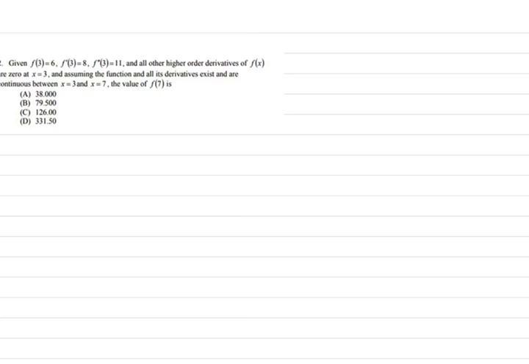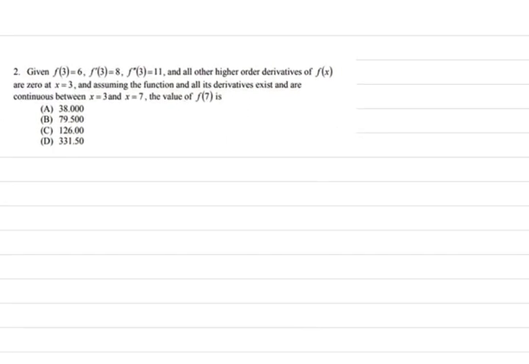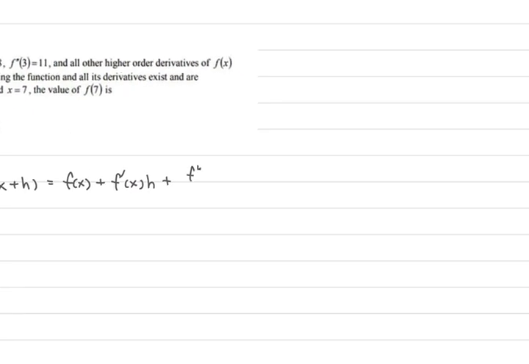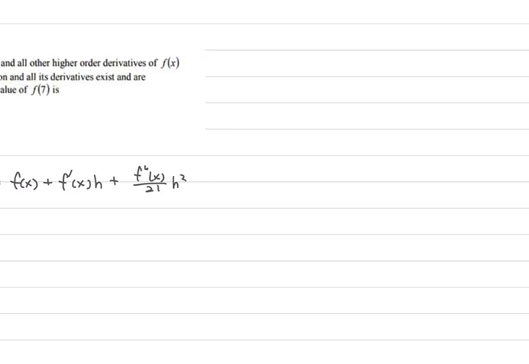Now we can look step by step. So first we can see the Taylor series. Here it should be f(x plus h) equals f(x) plus the first derivative f prime of x times h plus the second derivative times h squared plus the third derivative.